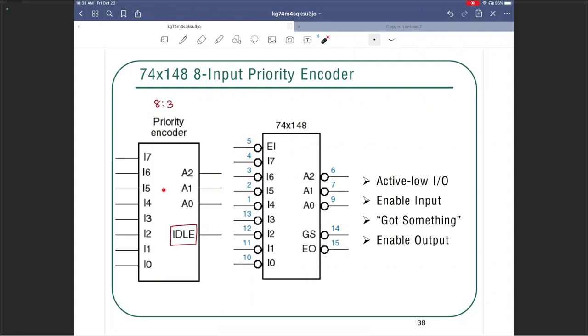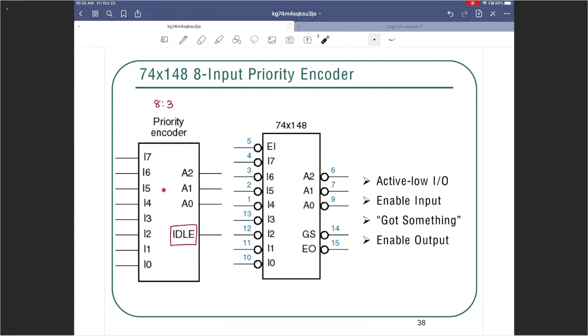We are going to prioritize one input over the other. So the priority that we use is of the highest, most significant bit that is active. So if I7 were to be active, we would essentially ignore all the others. And if I6 were to be active, we would ignore I5 through I0 and so on.